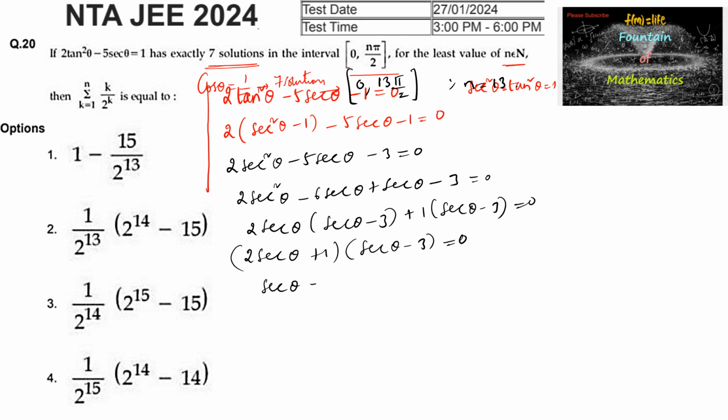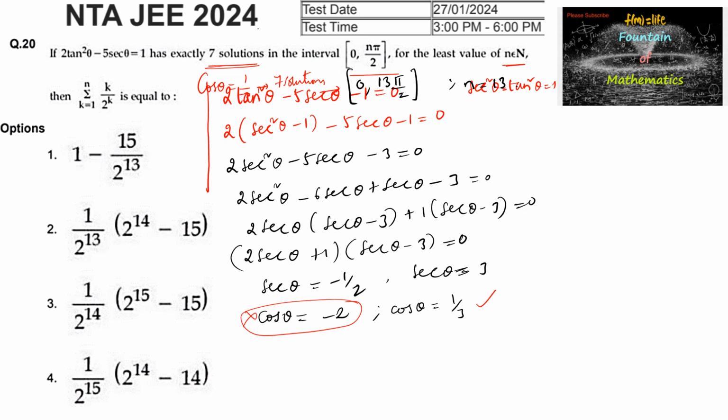So secant theta is equal to minus 1 by 2 and secant theta is equal to 3. Or we can say cos theta is equal to minus 2 or cos theta is equal to 1 by 3. So cos theta is equal to minus 2 is not possible. So cos theta is equal to 1 by 3 we may consider.